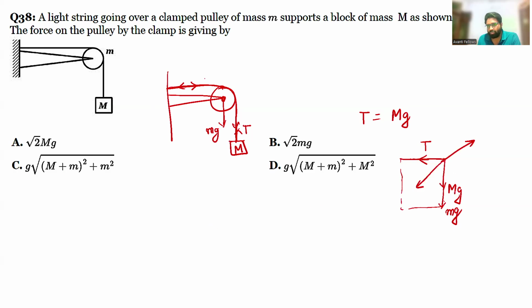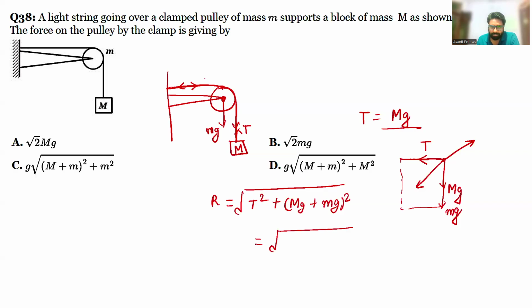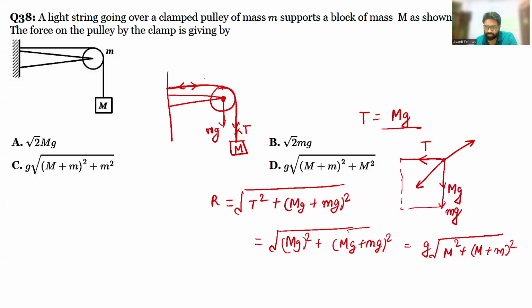These two forces are in perpendicular directions. So R, the resultant force, is the square root of force 1 squared plus force 2 squared, that is T squared plus (capital Mg plus small mg) whole squared. Now tension equals capital Mg, so you can take g common, and outside the square root it will come out as g times the square root of capital M squared plus (capital M plus small m) whole squared.